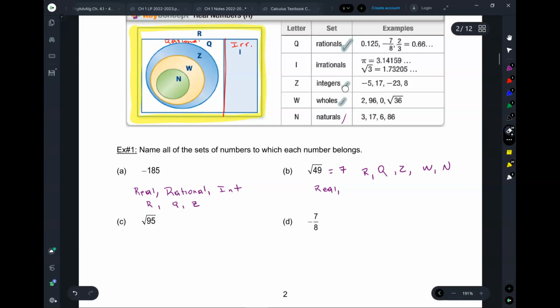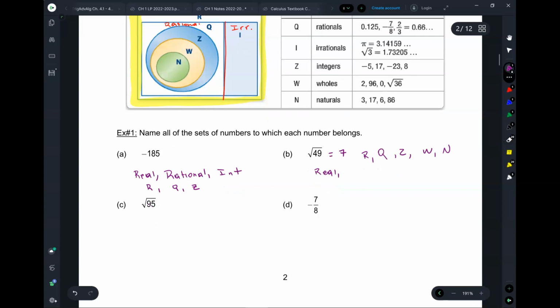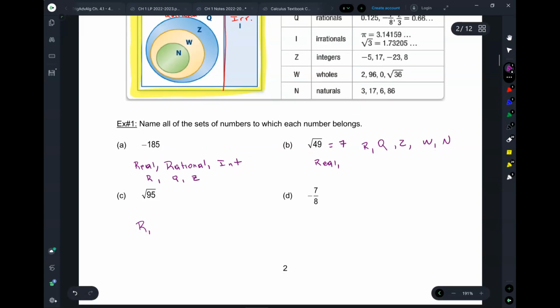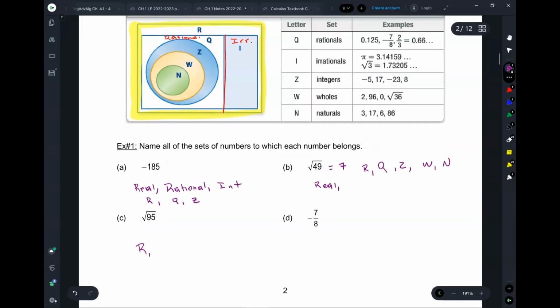All right. What about root 95? Is it a real number? Yeah. So do that first. It's a real number. Okay, spoiler alert. All the ones you get right now are going to be real numbers. That's going to change after like chapter 4 or 5. Okay? So, real number. Okay, so is it rational or irrational?